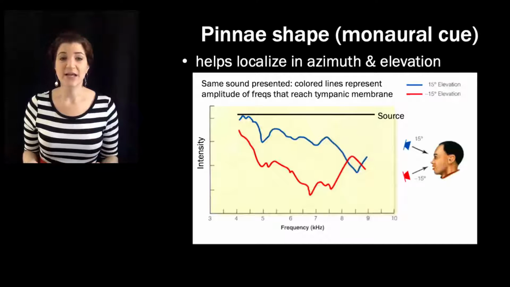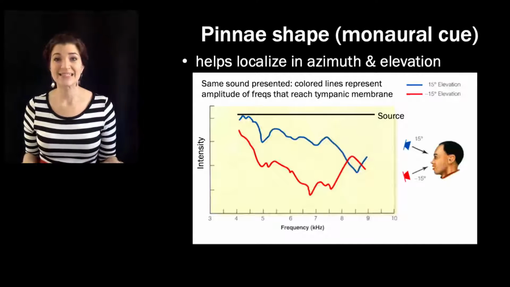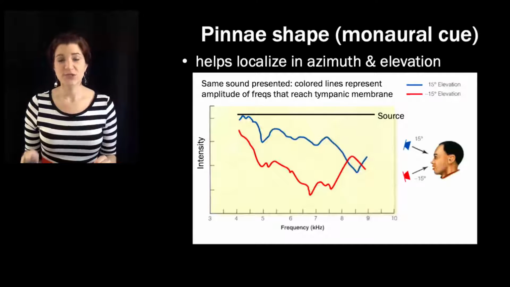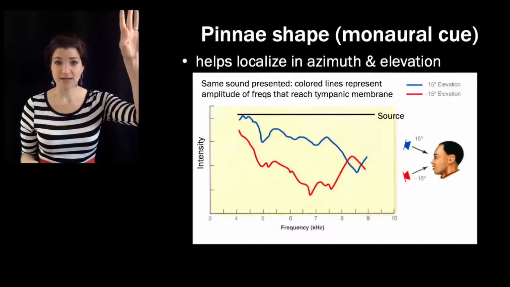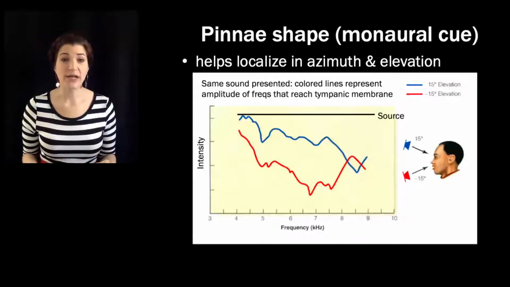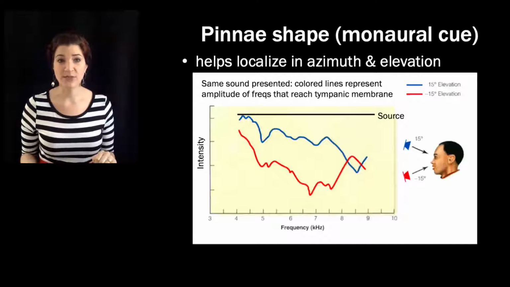All right, so let's imagine a sound that has a flat frequency curve. That is, it is the same intensity at all of these frequencies. So the true nature of the source is represented here by the black line. But if that source is presented from above the head, so this is the blue line now, the higher frequencies are attenuated, are reduced more than the lower frequency ones.